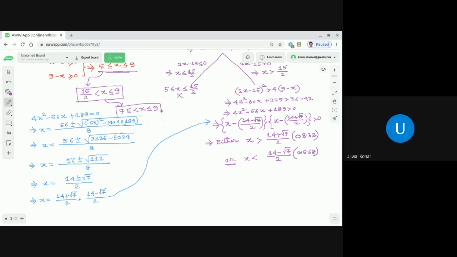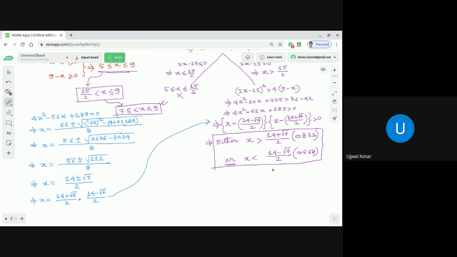So this one and these two we need to combine to get our final solution. Here it is saying x is less than 5.68, but according to the other solution, x has to be greater than 7.5.